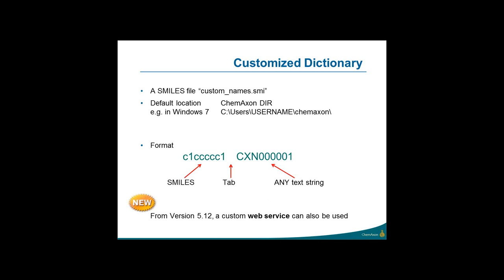It's very difficult if you want to add new compounds or make changes. But after 5.12, you can simply call a web service and do this conversion. In this way, this library can be at a centralized location, so it's much easier to maintain this database.